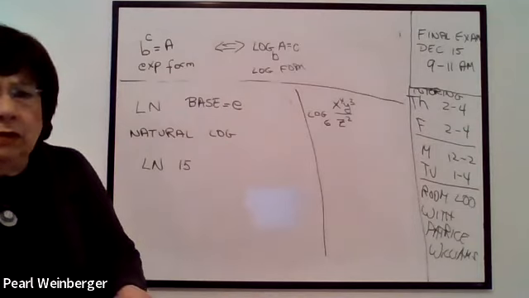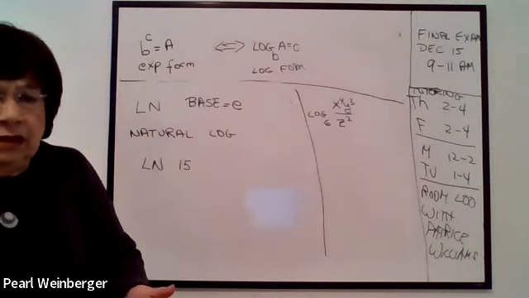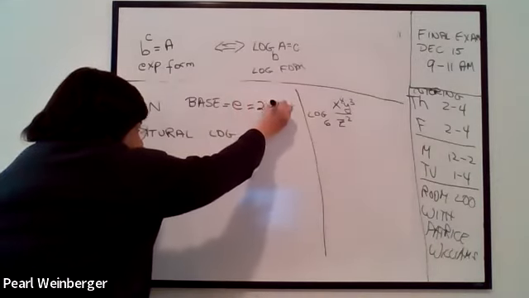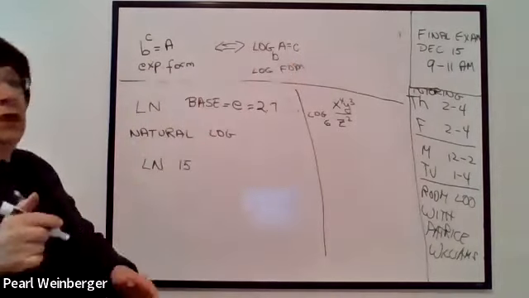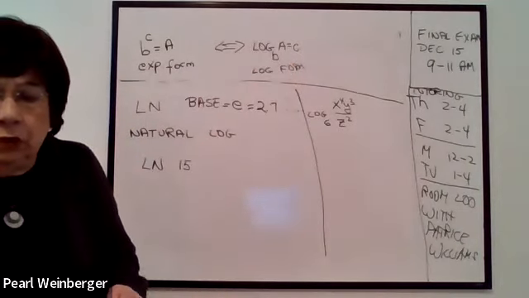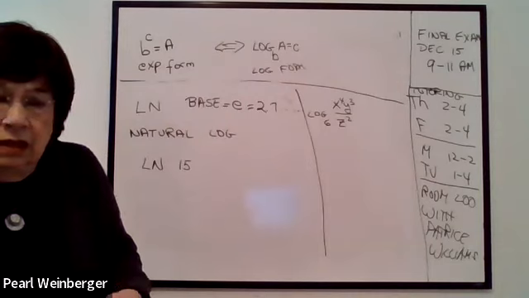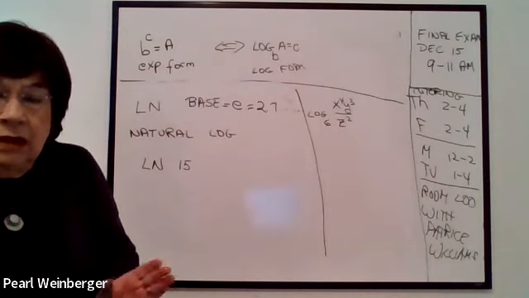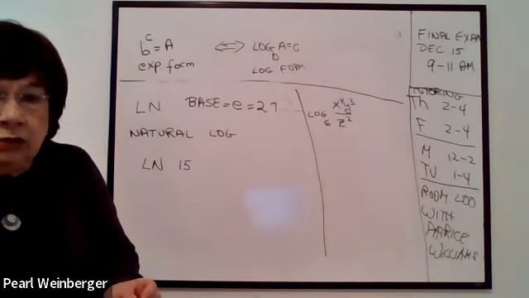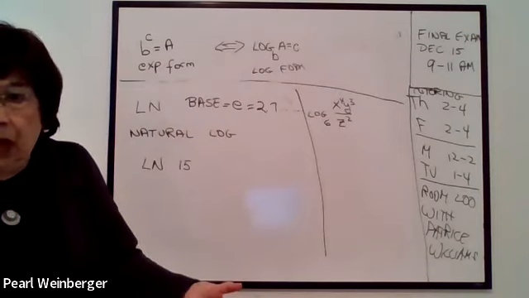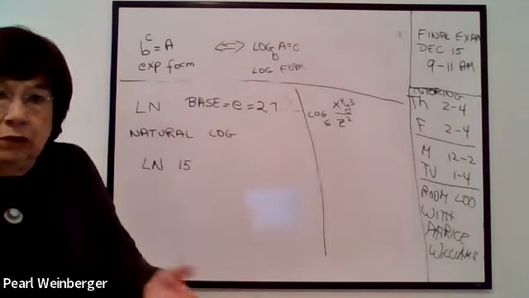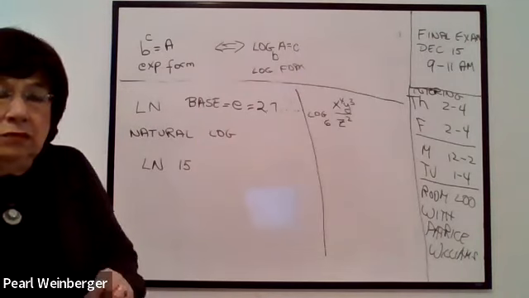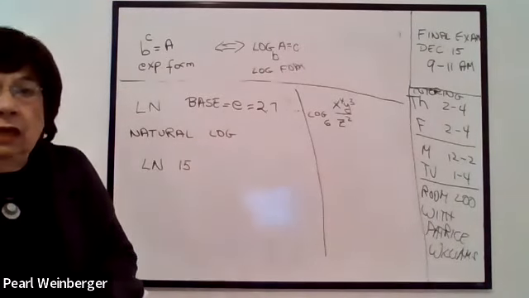Now, why would this number e, it's equal to 2.7, et cetera, et cetera. To me, it's the most unnatural number. It's a non-repeating, non-ending decimal. It's an irrational number, sort of like the number pi, or the square root of 2, irrational, non-ending, non-repeating decimal.